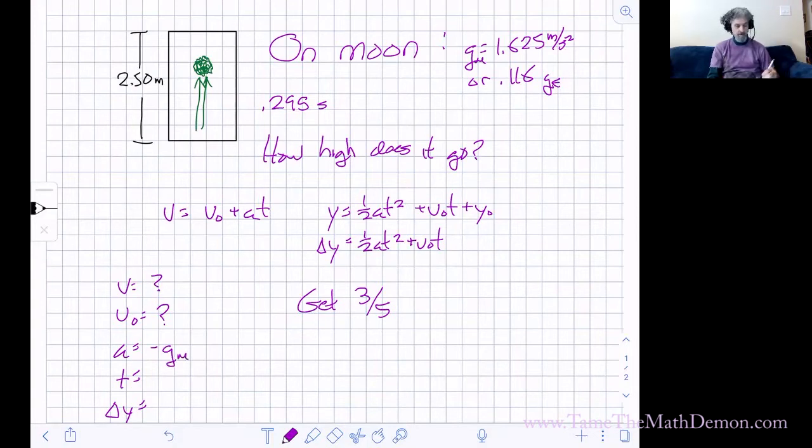We'll plug in the number later. And the time is 0.295 seconds, and the delta y is 2.50 meters. So hey, we got 3 out of 5, and with that we can solve for the velocity at the top of the window and the velocity at the bottom of the window.